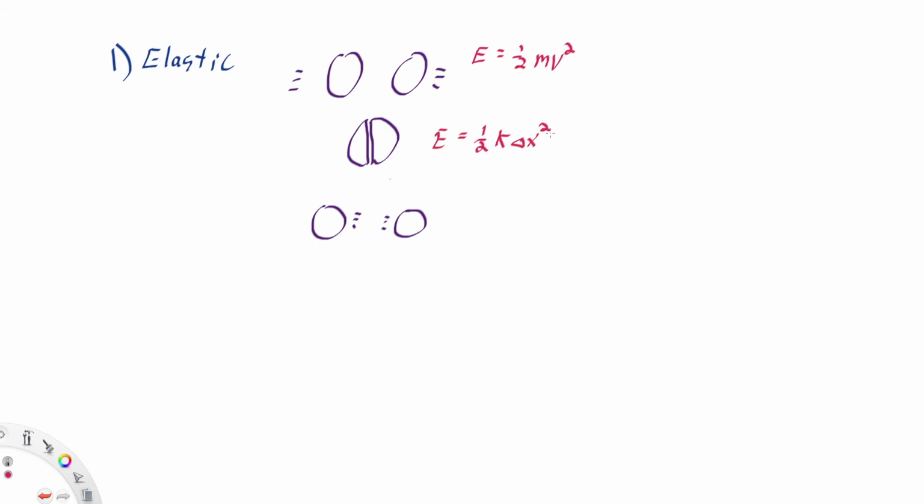When you squish an object, it can store energy as elastic energy. And after they are done colliding and they spring back apart, if a collision is perfectly elastic, energy is conserved through all these three, right?